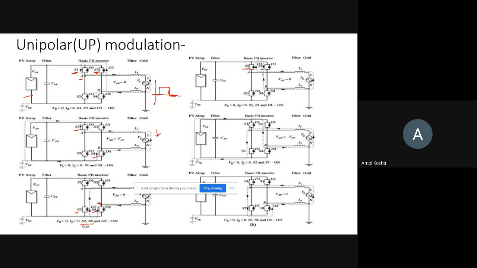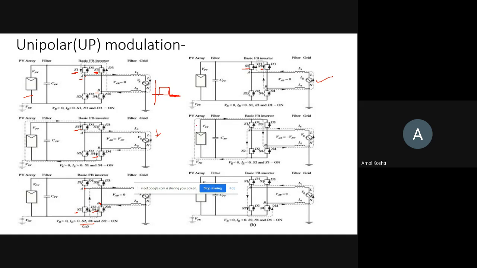The pulse is given to S1 and S3 again, like our first modulation, so again 0 is produced, because the PV is not connected to this grid. No output of the PV system is connected to the grid, so we are assuming 0. Obviously there will be some grid voltage, but we are referring to the grid with respect to PV, so it is again 0.